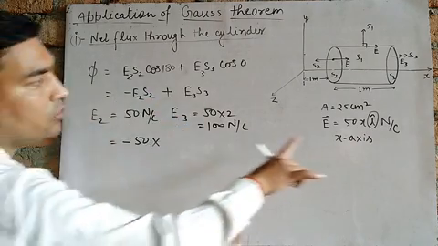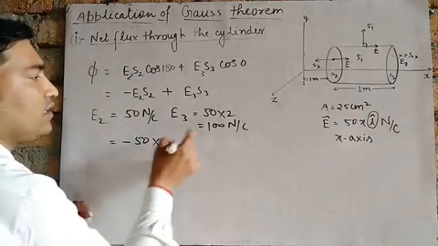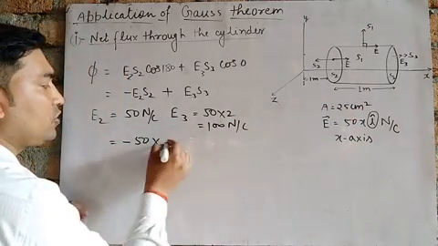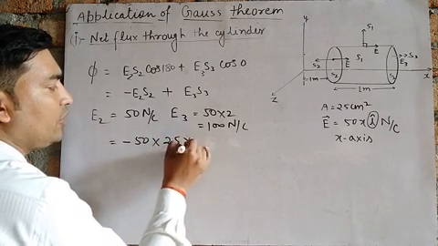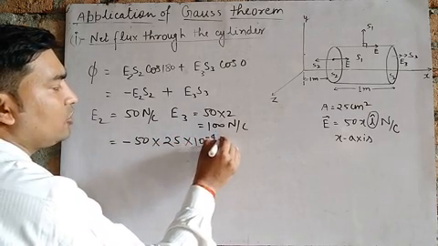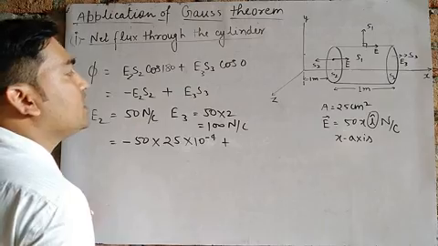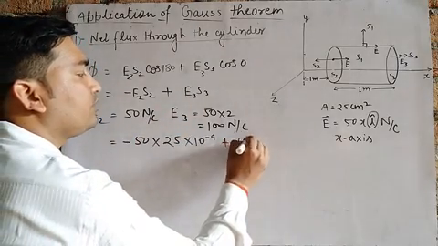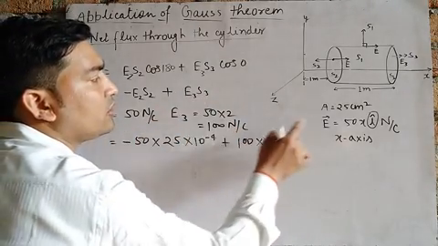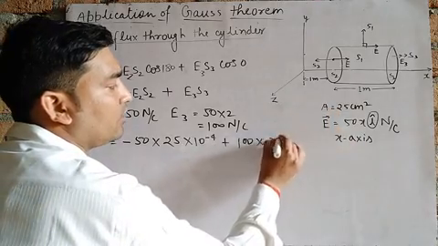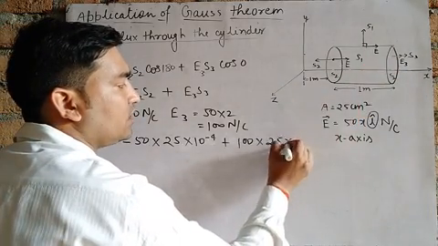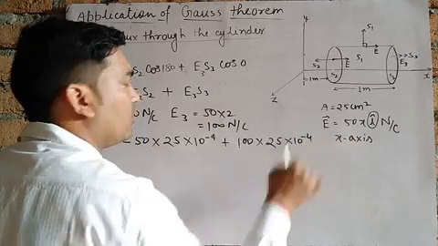S2 equals 25 centimeter square. First of all, we have to convert this 25 centimeter square into meter square by multiplying 10 to the power minus 4, plus E3 equals 100, and S3 is also 25, because it is also a flat surface. This is 10 to the power minus 4.